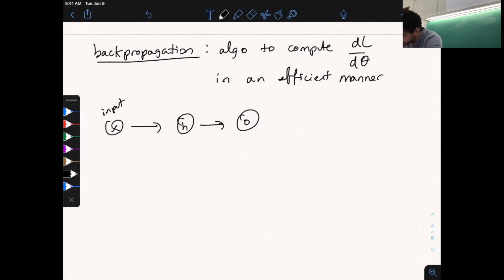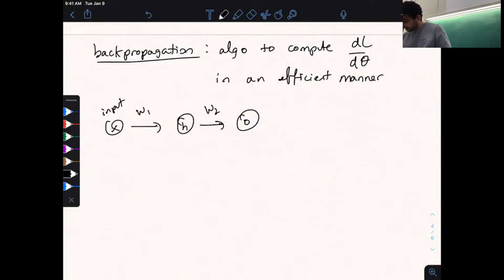And we're going to have an output. So to go from x to h, we're going to use this weight parameter w1. And to go from h to o, we're going to use another weight parameter w2. Again, these are not matrices for this example. They are just individual numbers.